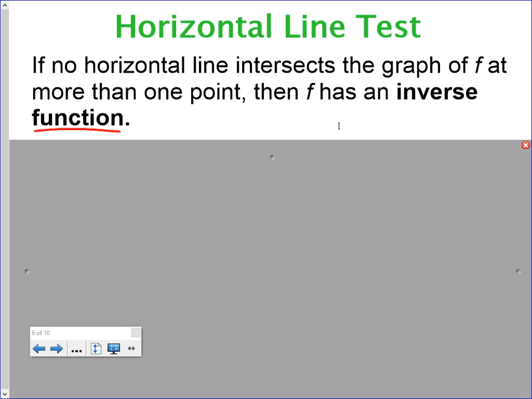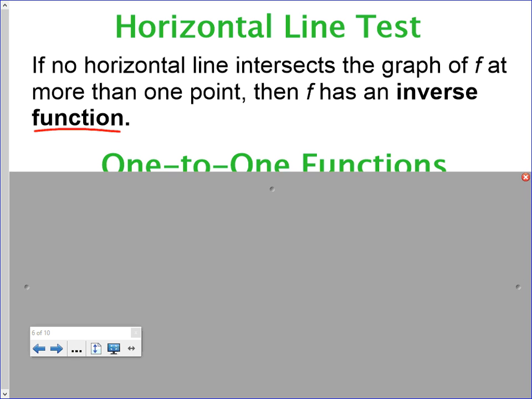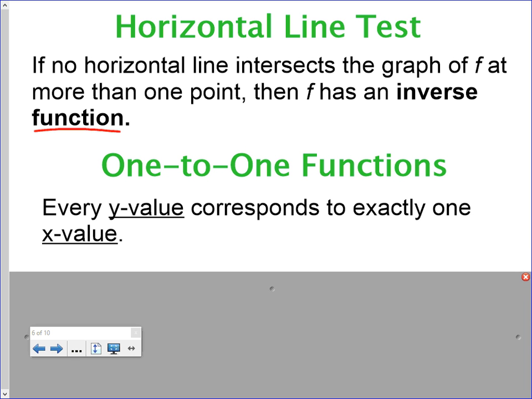When you have graphs that pass the vertical line test, meaning they are functions, and then they also pass the horizontal line test, which means they have an inverse function, they're a special kind of function called a one-to-one function. And just think about what one-to-one mapping would mean. It means every x has only one y.